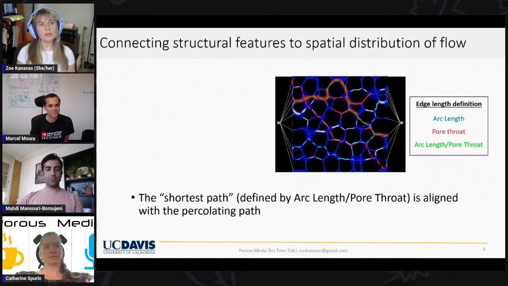However, it's not only this combination of a short length and a wide pore throat. As we demonstrated with the similarity metric, if we call them a little bundle of pipes going through our network, these pipes need to be of a similar diameter and length. That is what creates this most preferential flow region, or primary flow path.